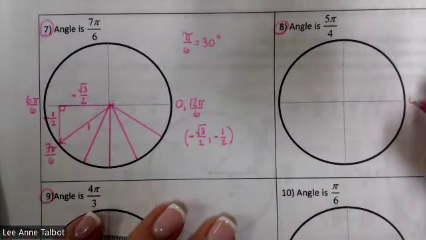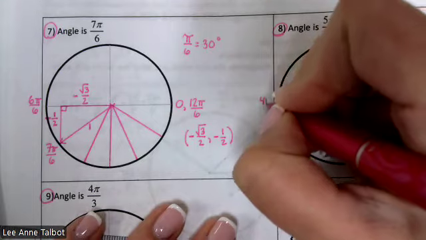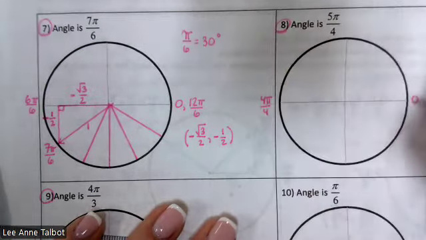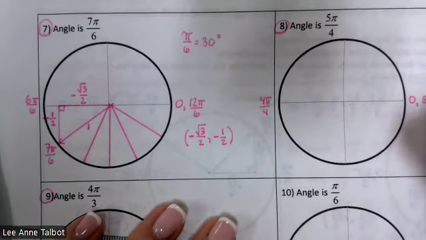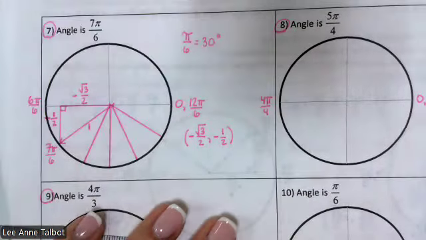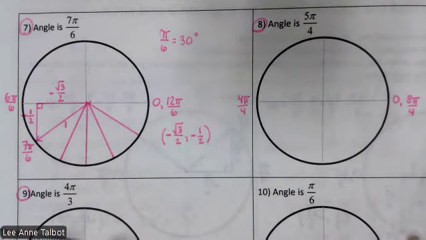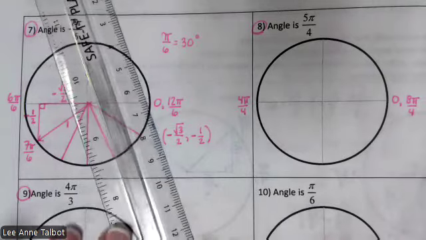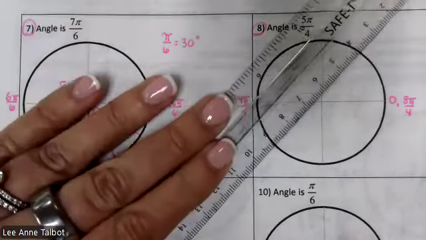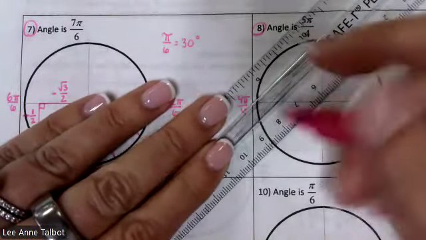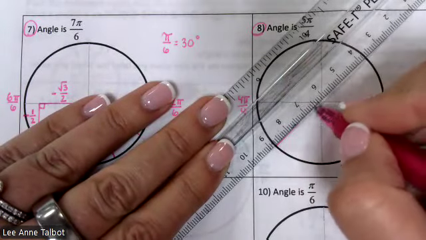Okay. 0, 4 pi over 4, 8 pi over 4. Going to be after 4 pi over 4, 4 equal pieces.